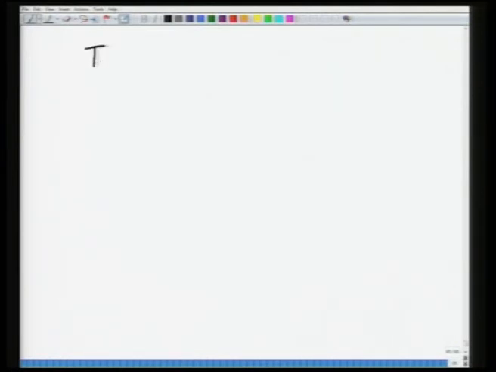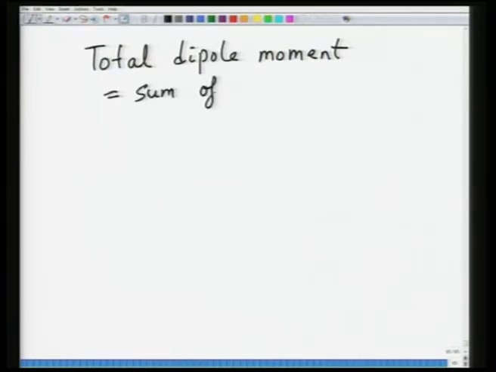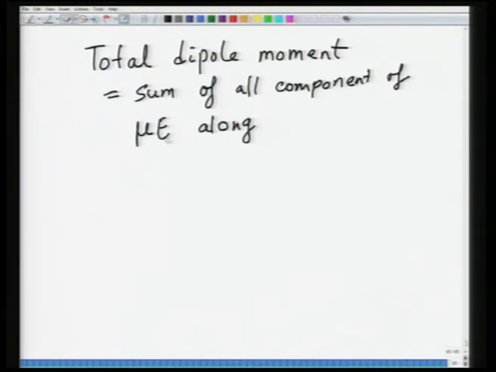The total dipole moment will be nothing but the sum of all components of mu along E, so basically sigma mu.